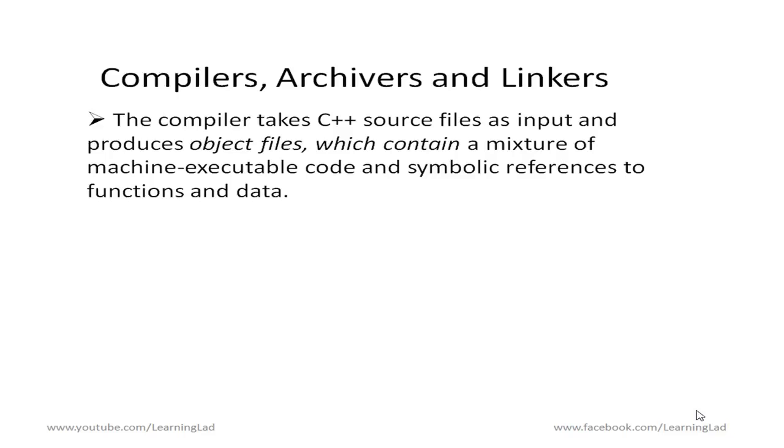So in our program we're gonna use some functions and we're gonna refer to the library functions which are provided by C++, and also we're gonna refer to some data in some other files. So the object file created by this compiler is gonna contain the code of our program in zeros and ones, and also some references to these functions and data.